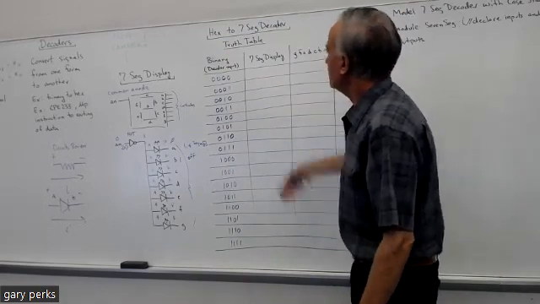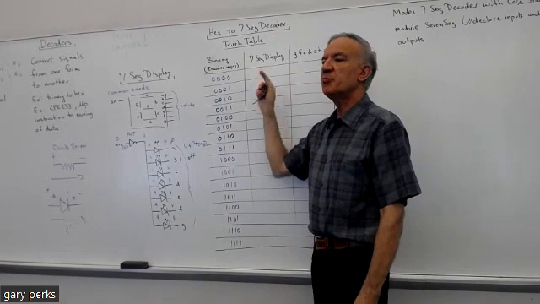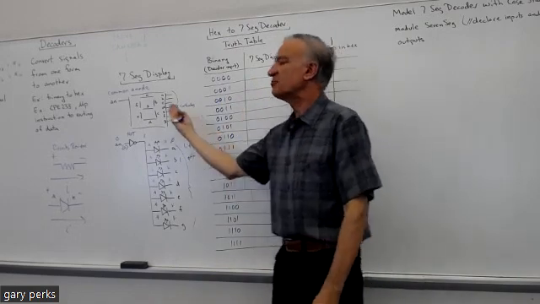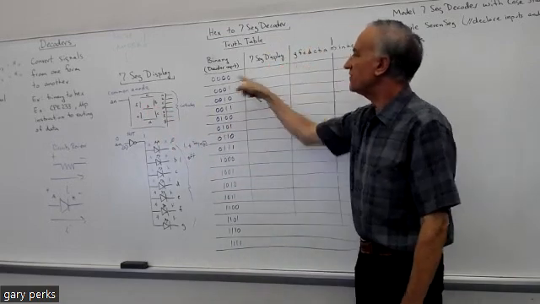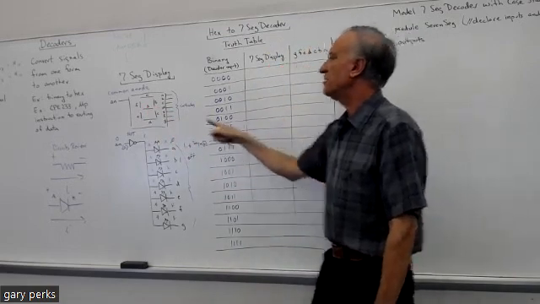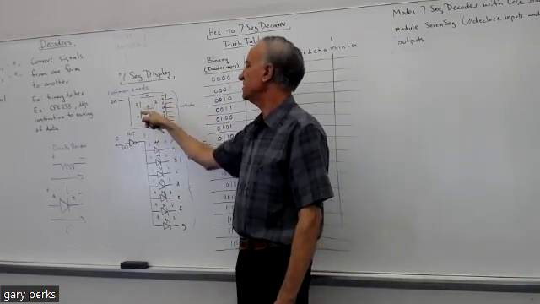Now in the next column, we're going to put what the 7-segment display should look like. If I've got all zeros, I want a 0 to show up on my 7-segment display.